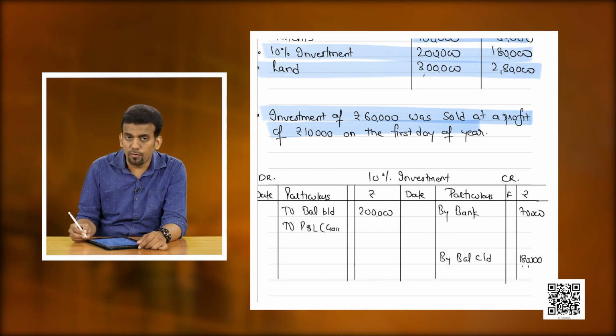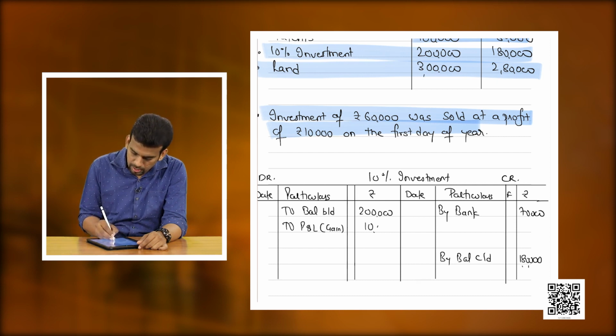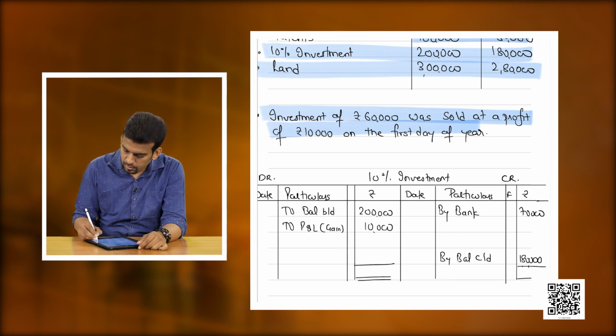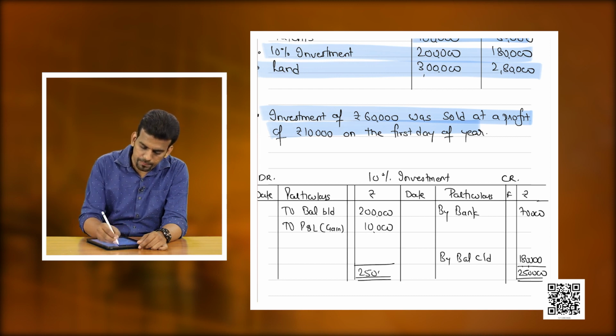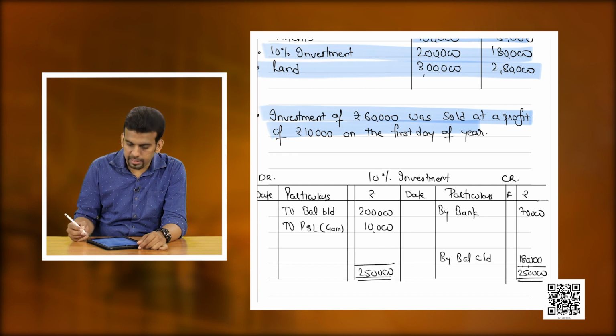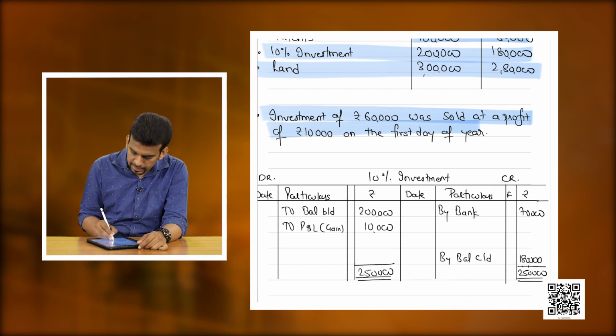Losses appear on the credit side of asset account and gain appears on the debit side of asset account. And that is it, we have it as an information. But total of both the sides is to be equal, but total of credit side is 250,000 and there would be a balancing figure on the debit side. That means it is purchase of investment.